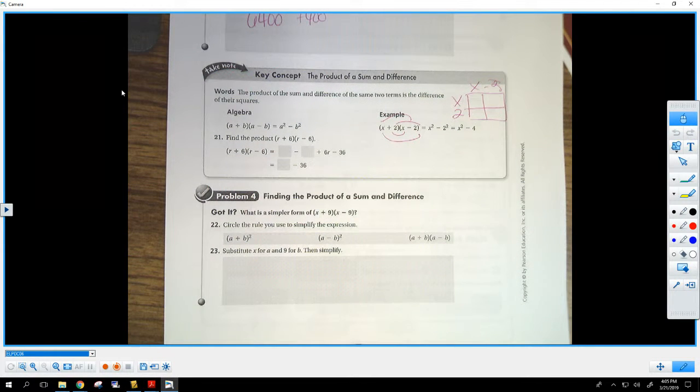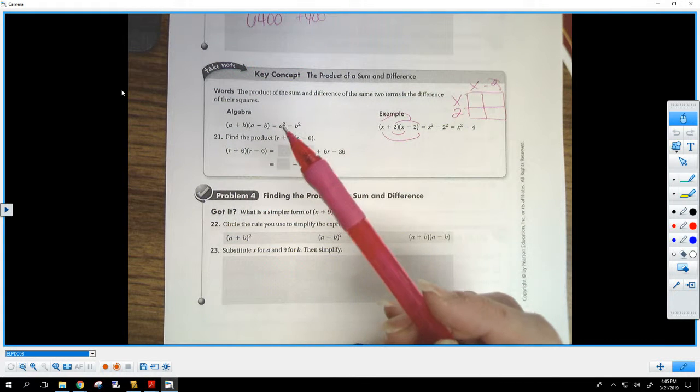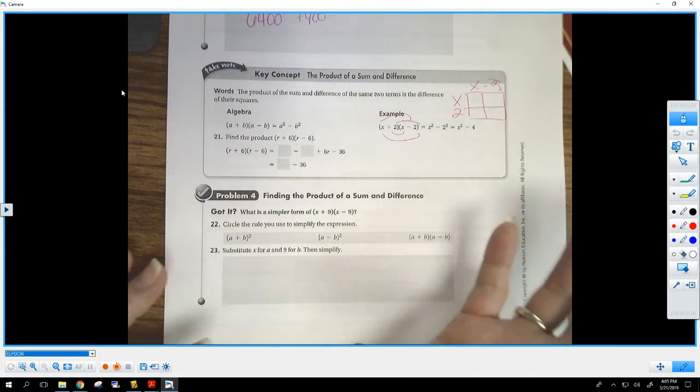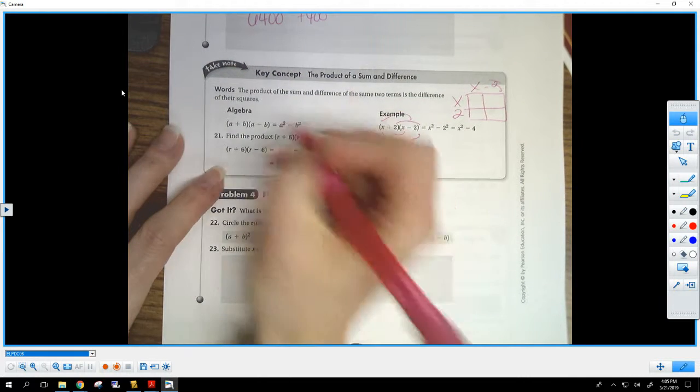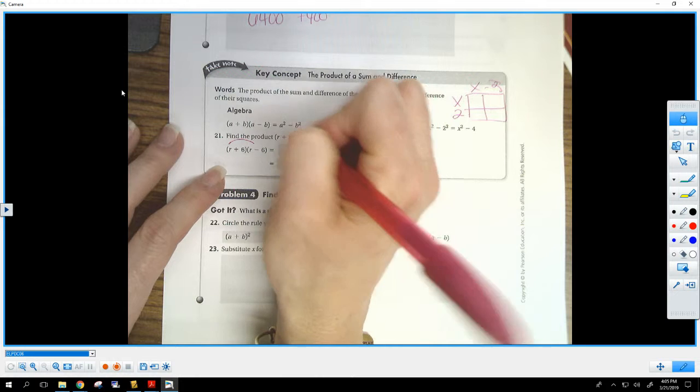The point here is that you understand that even when you're asked to do something in a different way or you're given a different way, always go with the way of which you're most comfortable. So all of this, you can do the box or FOIL. It doesn't matter. All of it will work. Or if you do distributive property, certainly you could do that. So here, if we did FOIL, it's r squared, right?